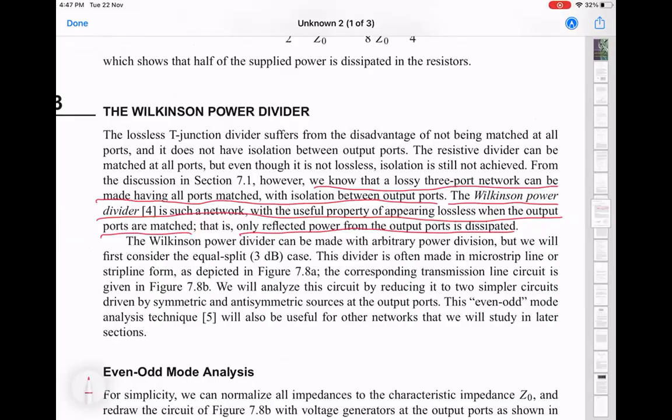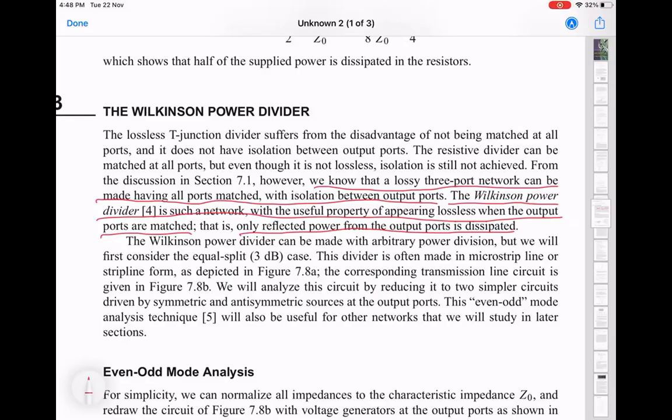So you cannot get the lossless part, but the Wilkinson power divider is lossy.